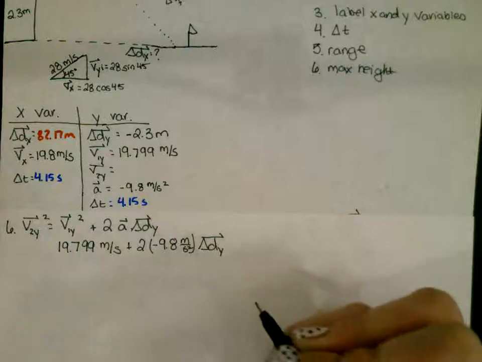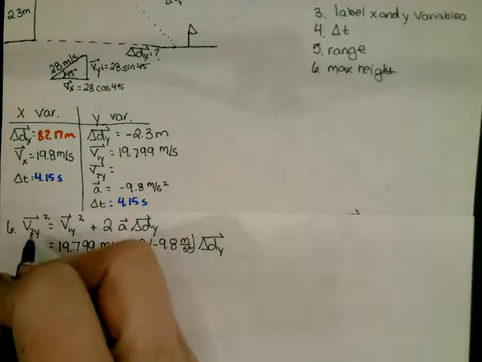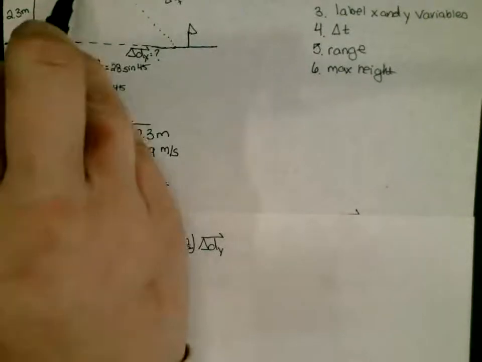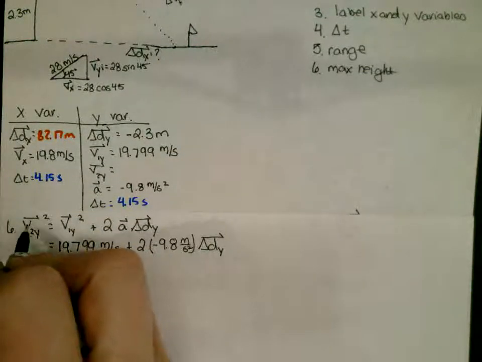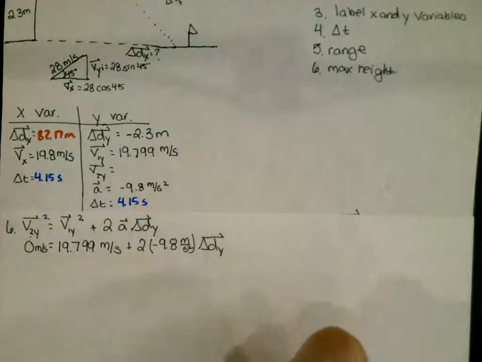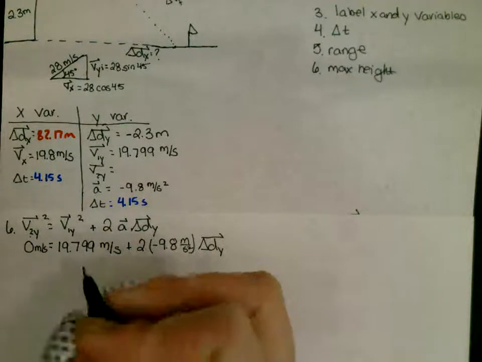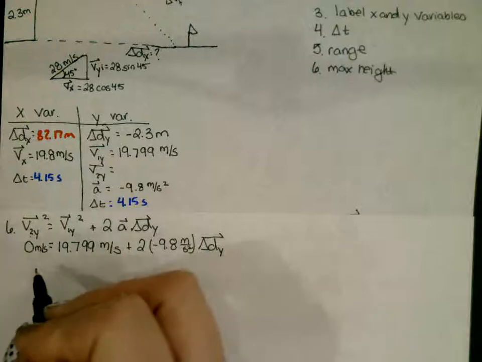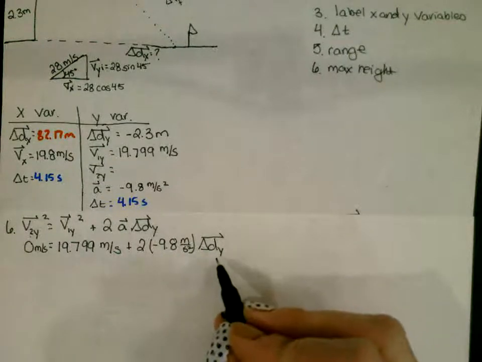This is what we're looking for here. We have to fill in something for this velocity though, and we're looking for our velocity at our max height. So when we're at our max height, our vertical velocity at our maximum height is 0 meters per second, because at that maximum height, it stops moving for just a moment before it starts going down. So we're going to use that 0 meters per second. That's where we're looking for this change in vertical velocity.